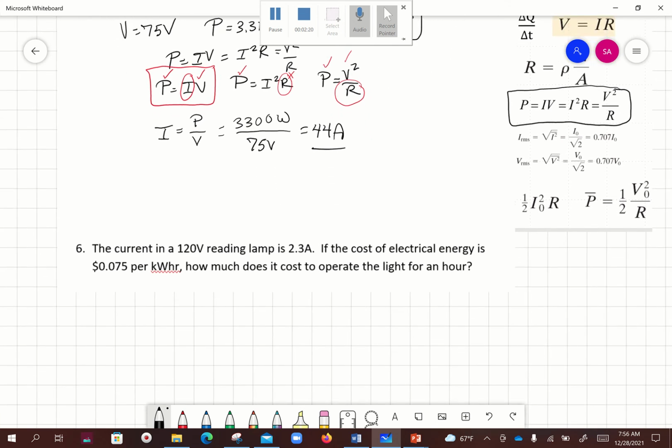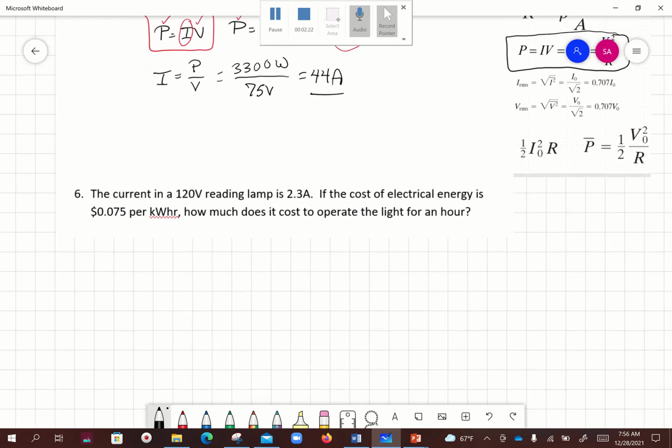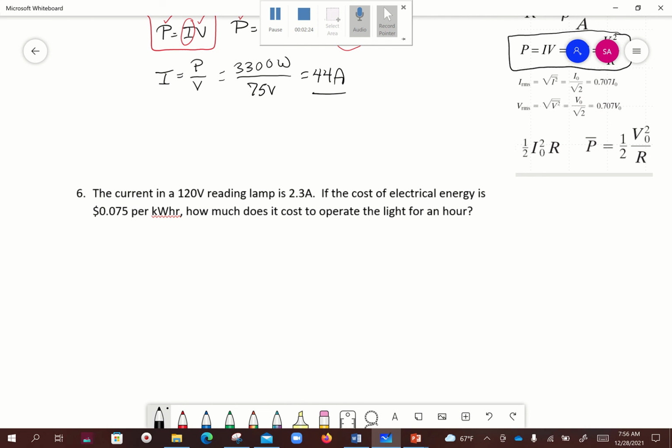All right, let's do one that involves cost. Okay, so I've got the current in a 120 volt reading lamp is 2.3 amps. So let's interpret that. I've got V is 120. The current is 2.3. And they tell me the cost of electrical energy is 7.5 cents per kilowatt hour.